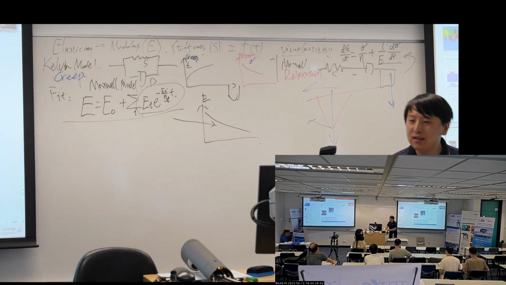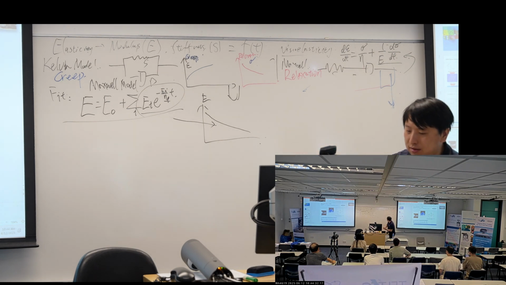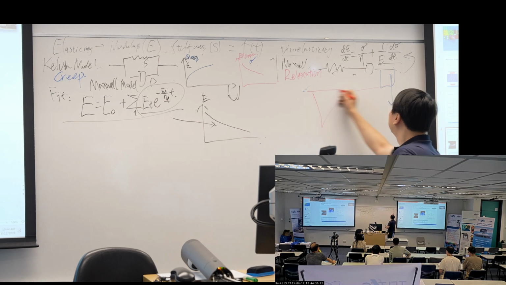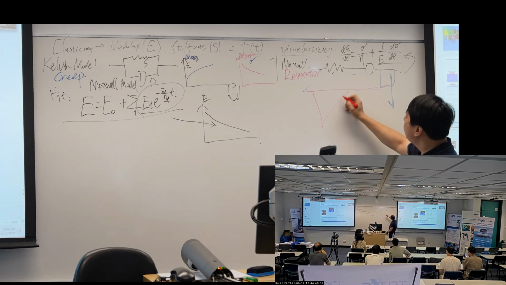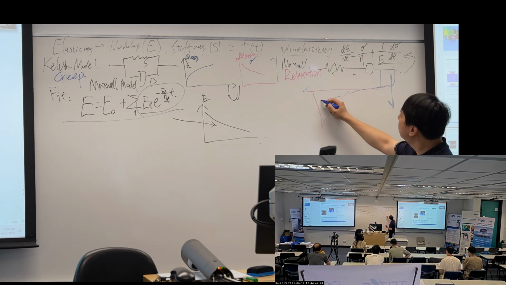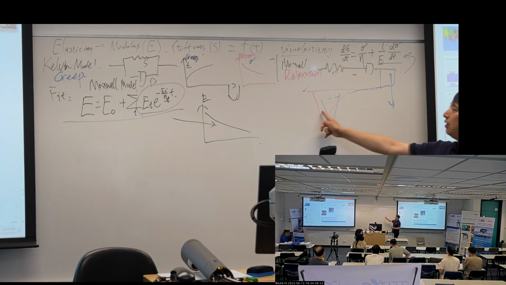And so finally, our probe is moving here. So the original one, let me draw it this way. Original probe is something like this, but after we apply force, it's something like that.